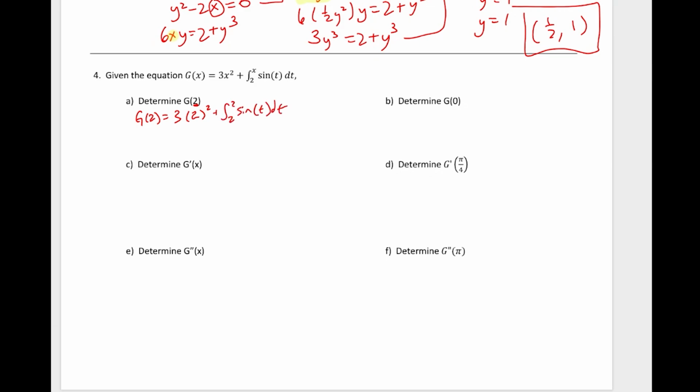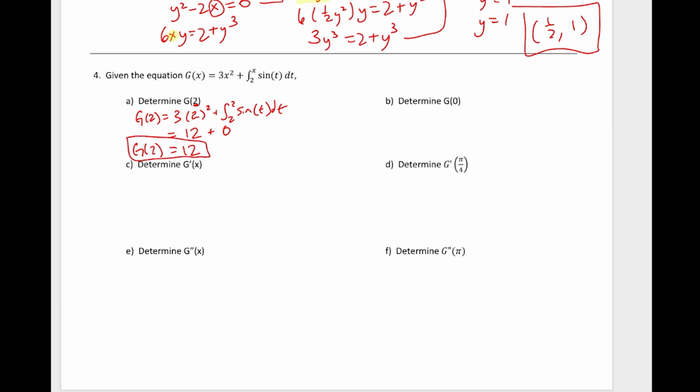Now, luckily here, we're not going to have to actually find the antiderivative of sine, because if we integrate any function from a number to itself, when the two endpoints are the same, that integral is just going to equal 0, because there's going to be no area under a curve if the partitions are overlapping like that. So this is just going to be 4 times 3 is 12, plus 0 just equals 12. So g of 2 is 12.